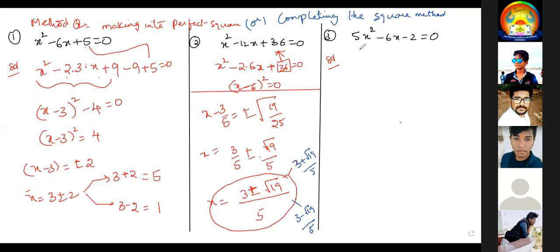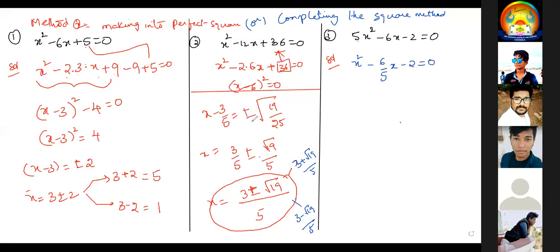Now look at the last term, as a boy asked me. Whenever you are doing this perfect square method, first divide: x square minus 6 by 5 into x. Slowly I'm saying, see.